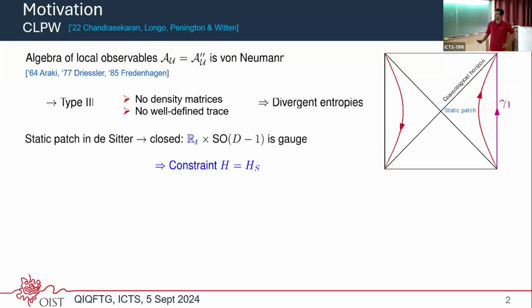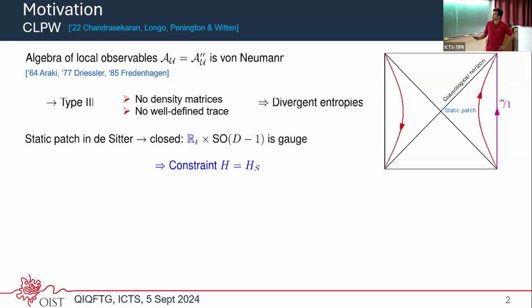But they focused on the time translation part of this constraint. The compact group of rotations around that world line we're going to ignore for now, since they are not really relevant for the story. So we concentrate on the time translations, which are generated by the modular Hamiltonian, the boost Hamiltonian of de Sitter space. And so our constraint H is just that Hamiltonian.